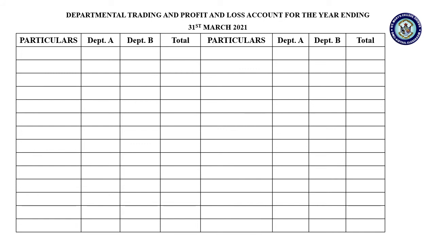So the columns are: particulars, department A, department B, and total, with amount in rupees, written within the bracket.